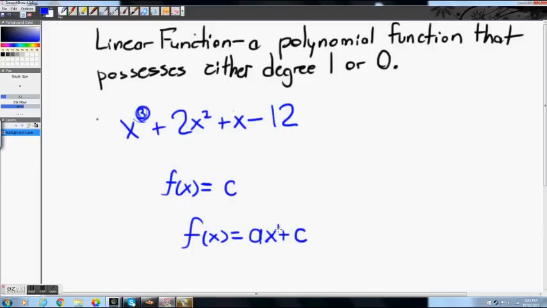So this one has degree 1, and this one we say has degree 0 because we can write it like this: c is the coefficient of that degree 0 term, and because anything to the 0 power is 1, it's equivalent to c.